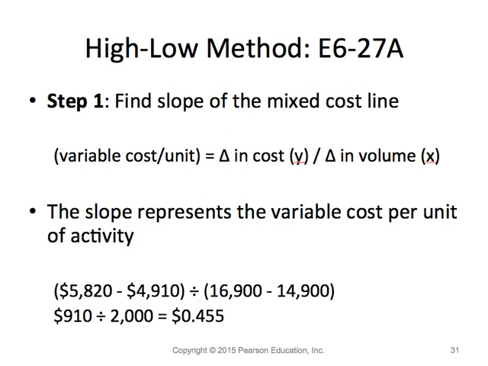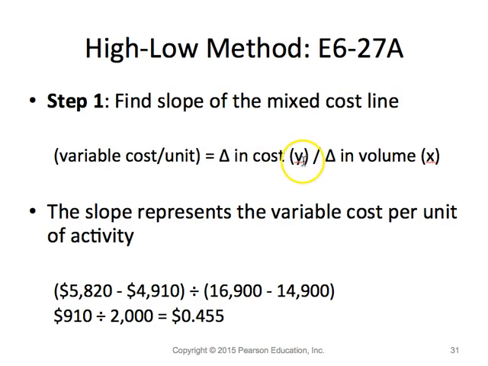So now you're going to draw a line from this point down to here, and draw a line from here to here. So now we have a triangle. This line and this line. So what we do is this is the delta in cost y, and this is the delta in volume x.